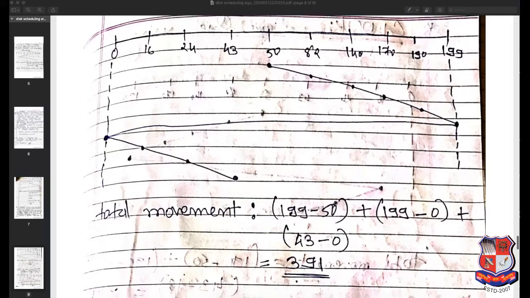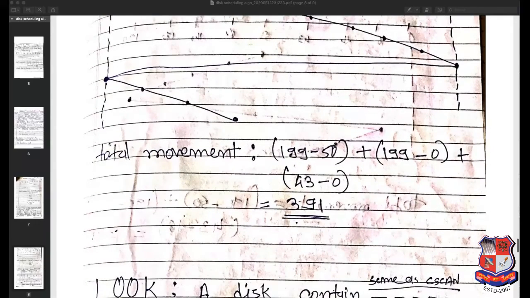So here we get the final answer for the total movement based on C-SCAN.